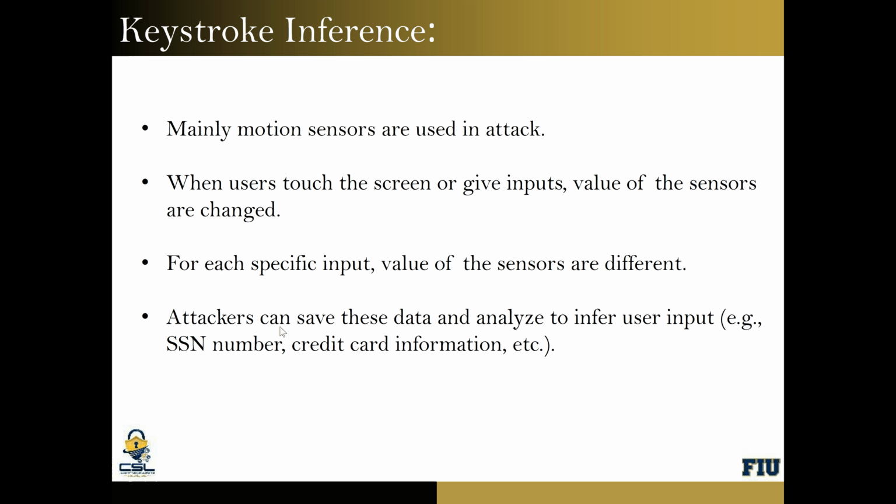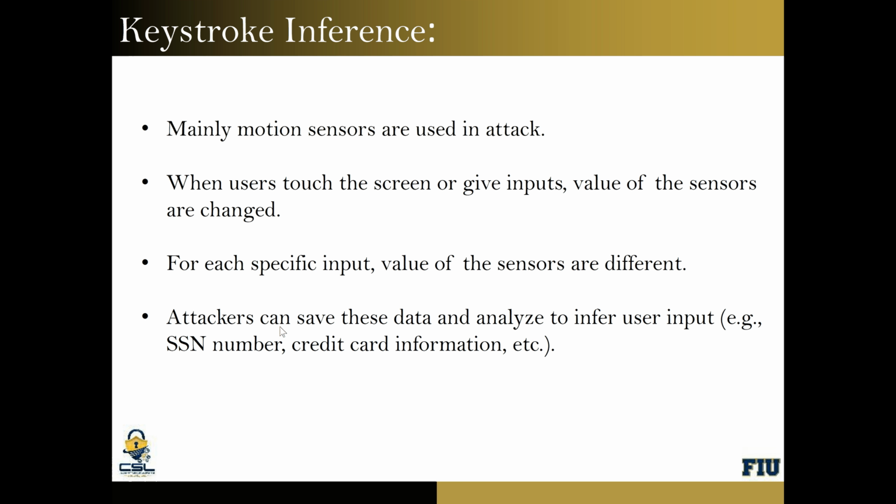One of the attacks is keystroke inference. What is keystroke inference? It's a similar kind of attack to a keylogger. A keylogger records all the key taps on your laptop or desktop. Similar things can happen using the sensors. Smart devices have a lot of motion sensors, like the accelerometer, gyroscope, and linear accelerometer. These sensors are very sensitive to tilt, turn, or any kind of motion.